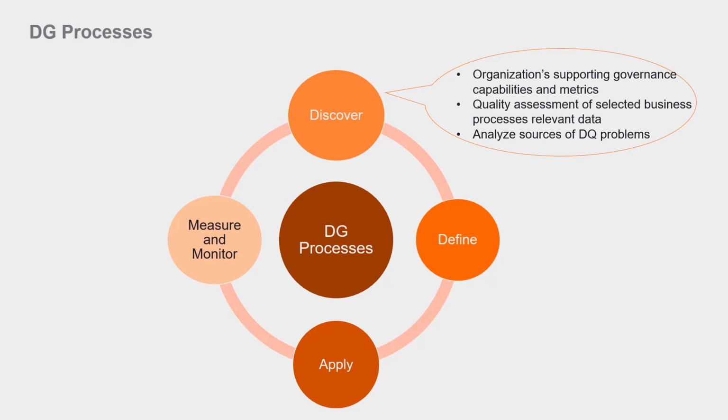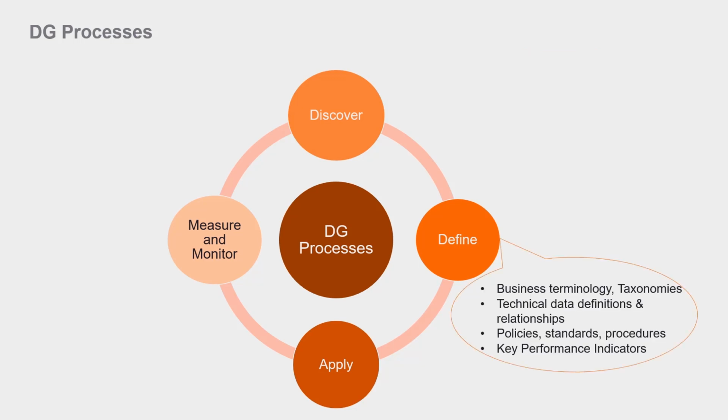You assess its quality. Then the data stewards analyze the sources of quality problems on those data sets using the kind of analysis we just showed. In the define phase, they proceed with the definitions that should hold true on each of the domains, both at the business level and at a technical level.